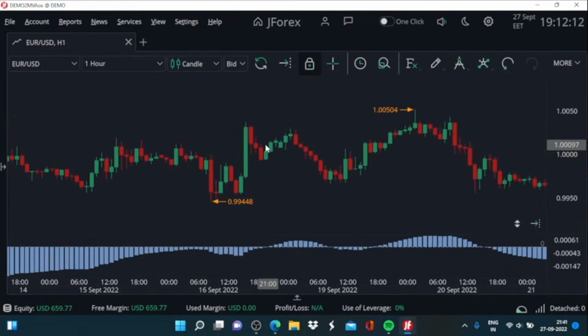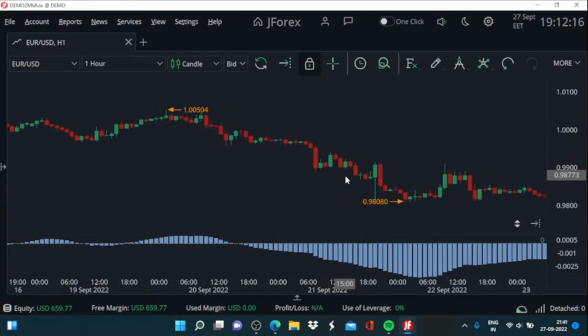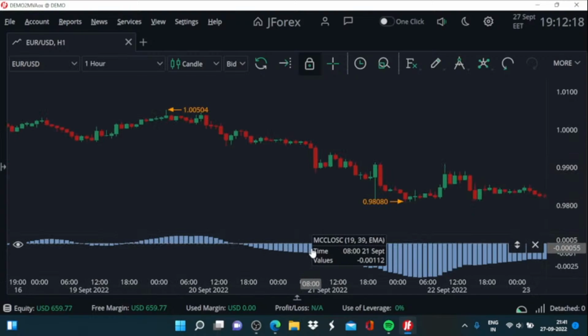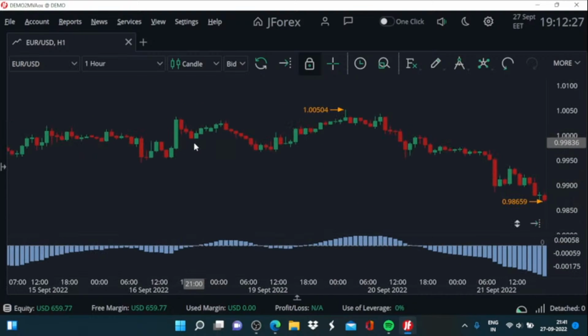So its interpretation is simple, and we utilize this to go for a long trade or a short sale trade, depending on what side the momentum is. If the output value is above 0, then we can start looking for opportunities to go long.